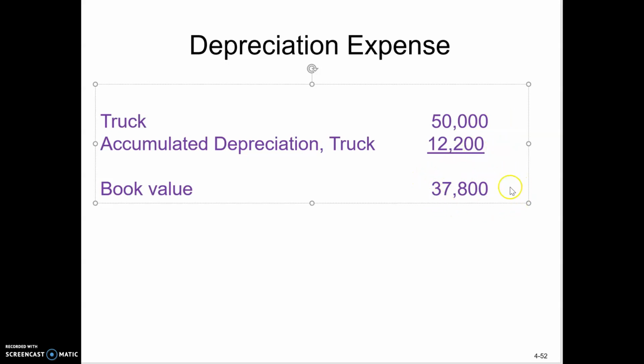Now the book value of the truck is $37,800. So we're preserving the cost of the truck account by using this contra account. But we can subtract to find the book value. This is what we have left to depreciate, and we're going to see the book value is going to keep going down as the accumulated depreciation goes up because we've taken more depreciation.